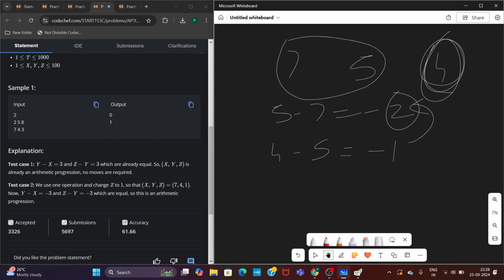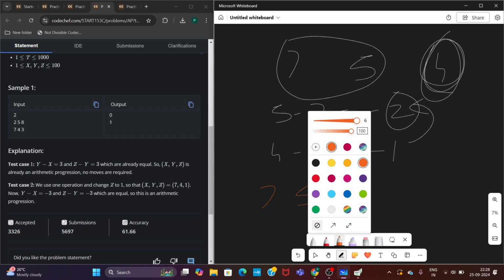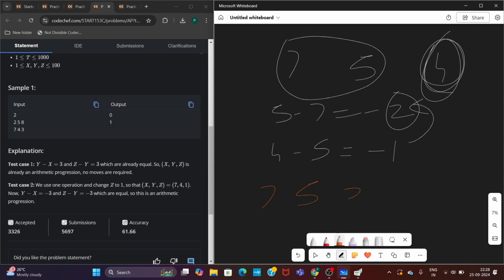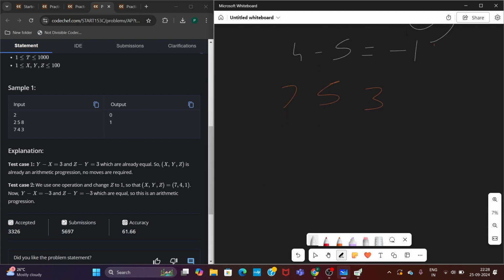Like 4 minus 5 is what? Minus 1. So for example, you can make it 3. Okay, you can make it 3 over here. Like it will be now 7, 5 and 3. Now let's see what our answer comes.